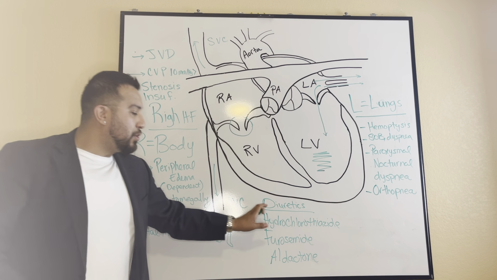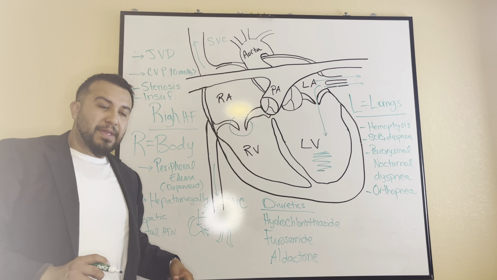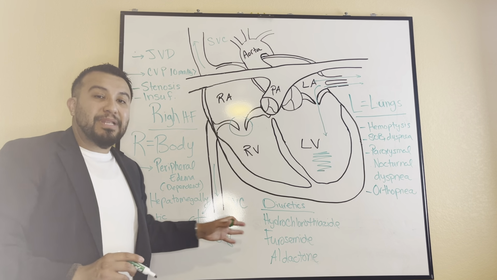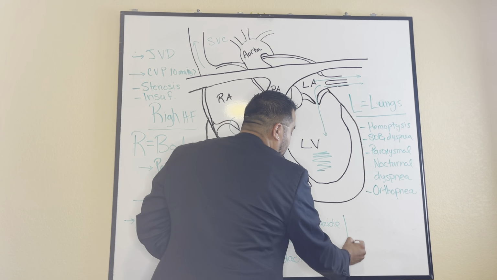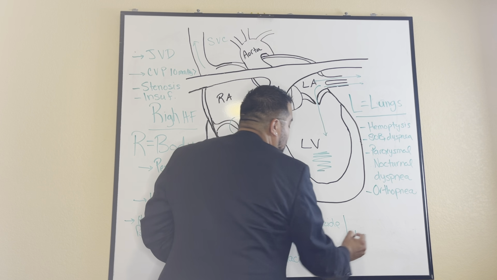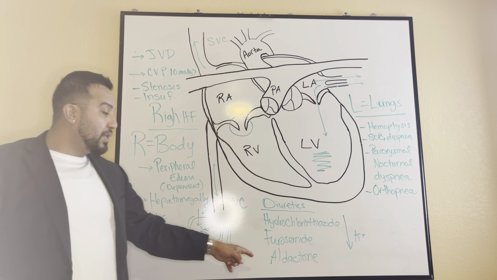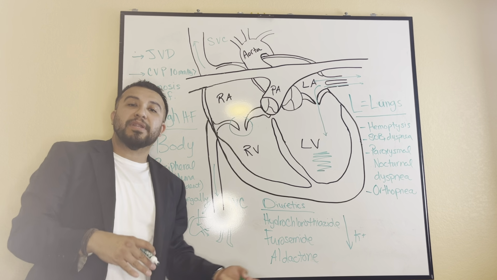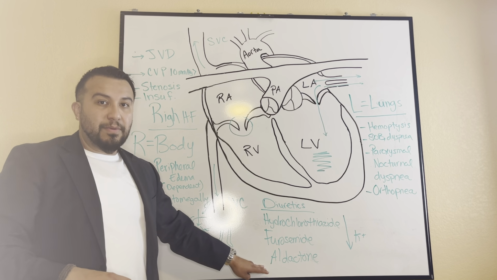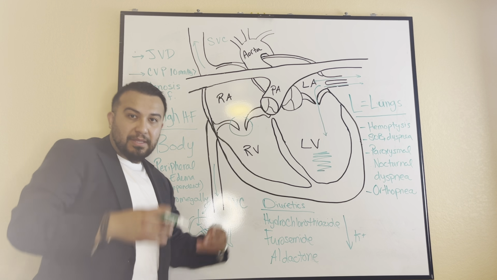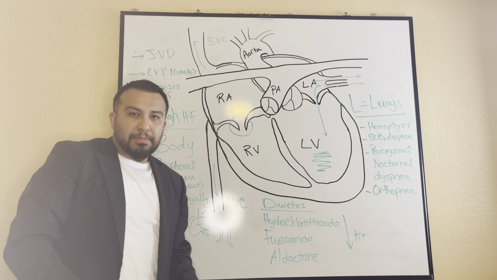So keep in mind that hydrochlorothiazide and furosemide are medications that deplete potassium. So you can develop hypokalemia when it comes to giving hydrochlorothiazide and Lasix furosemide. Or when you give aldactone, this is a potassium sparing diuretic. And these type of diuretics, they spare potassium. They excrete the fluid, but they keep the electrolytes.